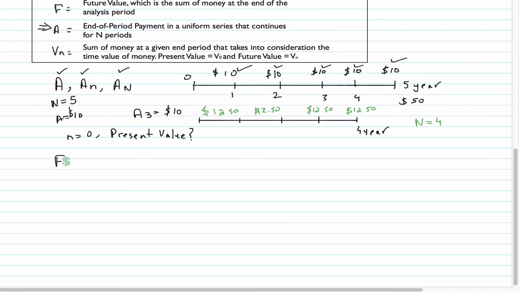Next, we have future value, which is denoted by F. And future value is basically the total amount of money, total cash at the end of an analysis period.